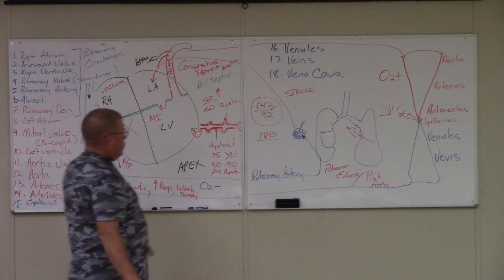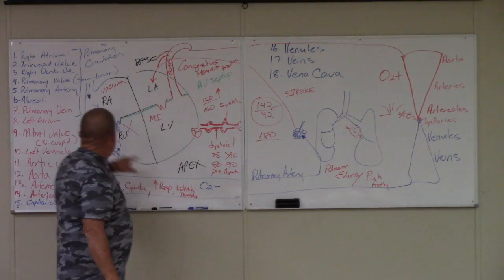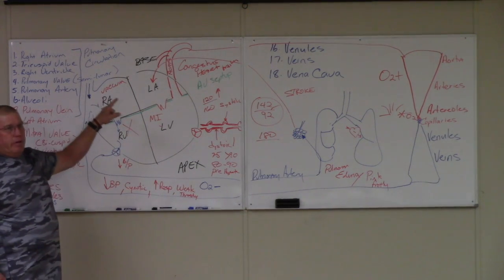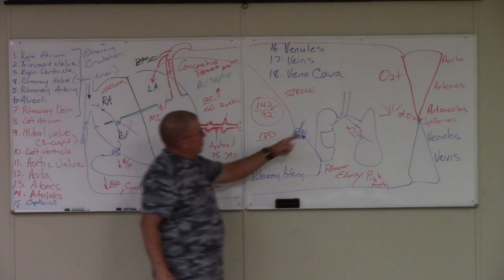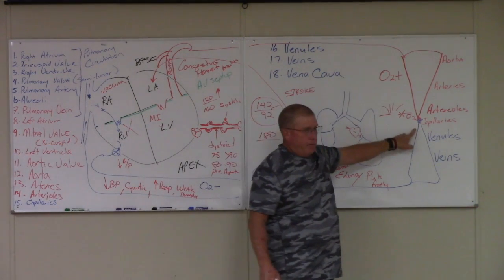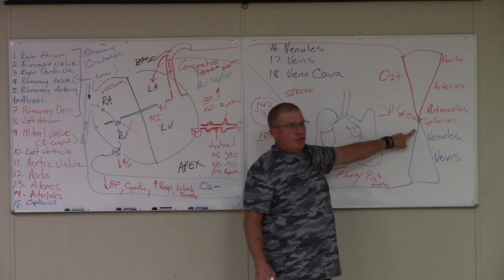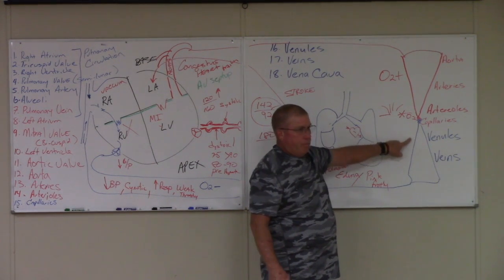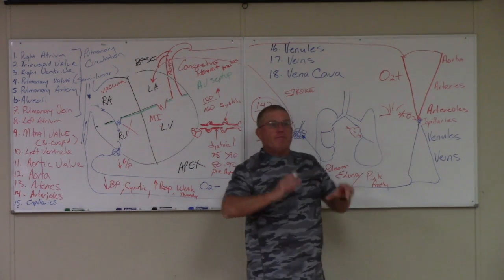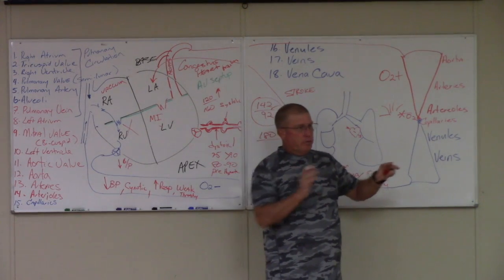So the pressure that goes to the right atrium, there is basically no pressure. You lose your pressure in the capillary beds at the exchange, and then the residual just forces the blood through with no pressure.